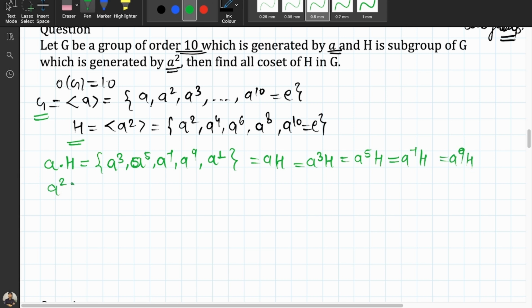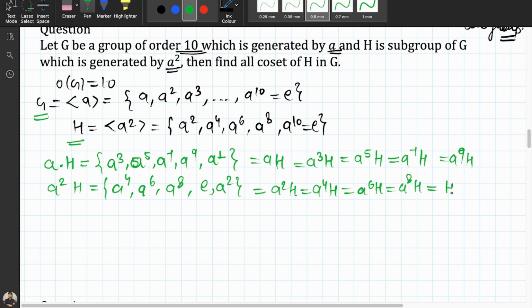Now what about a squared? In G, I will take a squared H, which is nothing but a to the 4, a to the 6, a to the 8, a to the 10, which means identity, so a squared H equals a to the 4 H, a to the 6 H, a to the 8 H, and a to the 10 H, which is the identity coset H. This is the result.